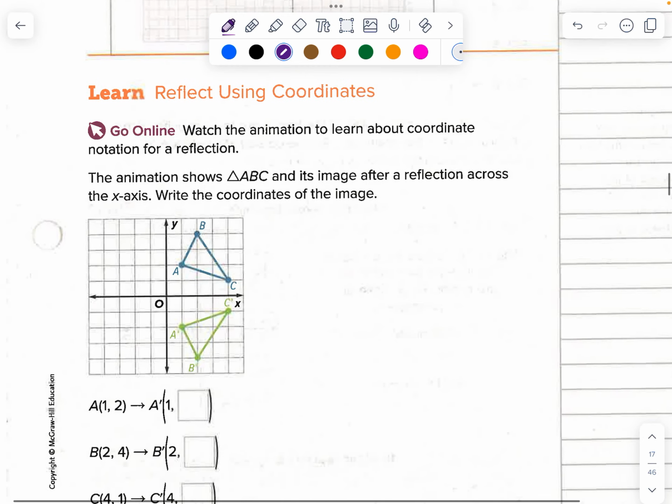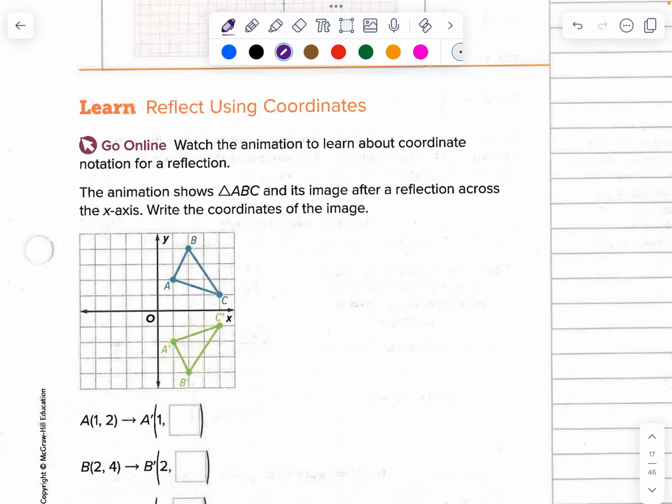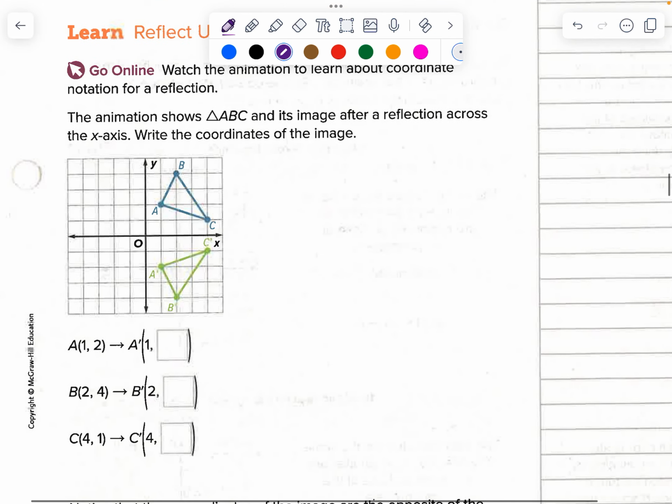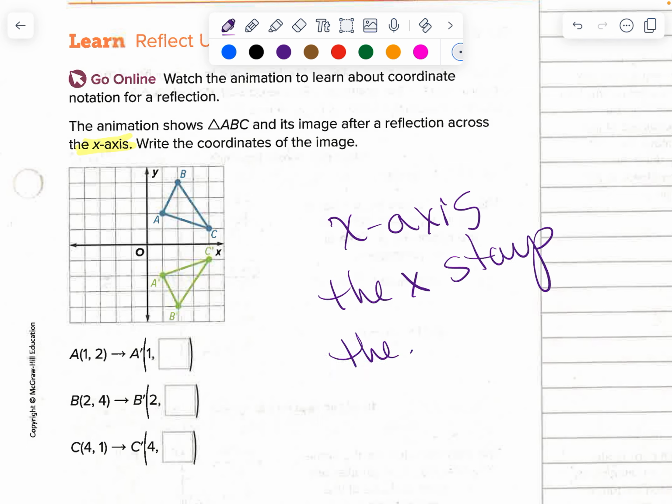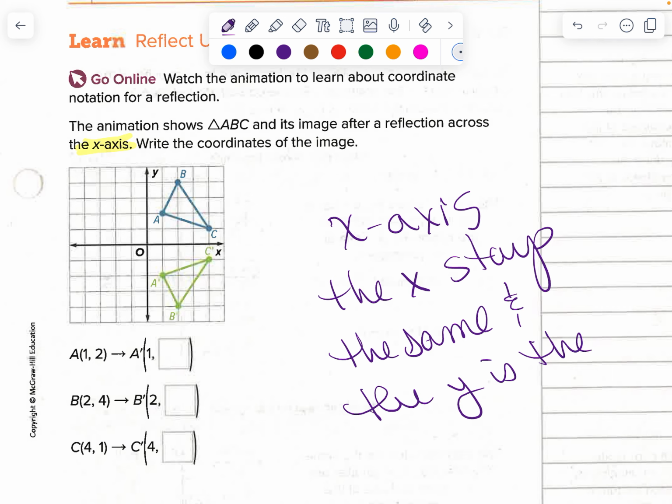Okay. So when we reflect over the x-axis, remember, the x stays the same, then the y is the opposite.